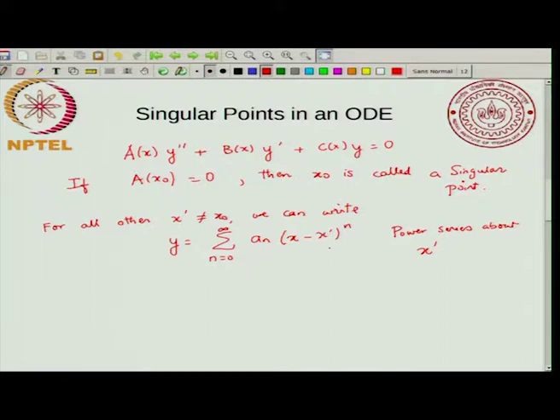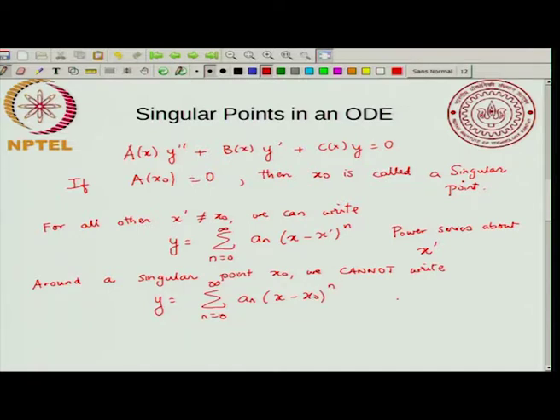But if you have a singular point, around the singular point x0 we cannot write y is equal to the sum over n equal to 0 to infinity of a_n (x minus x0) raised to n.